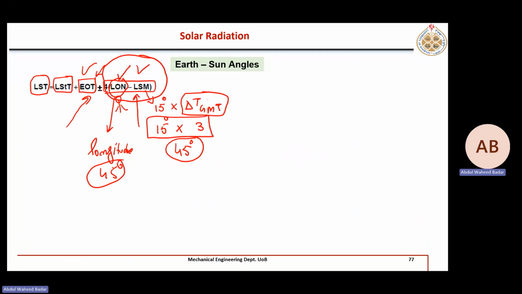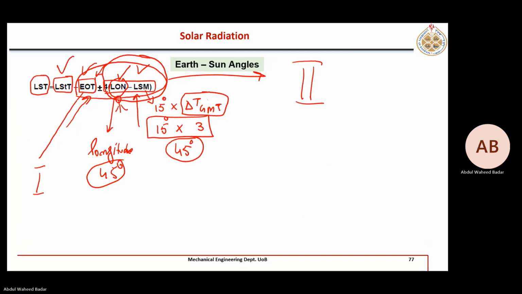So we have to apply these two corrections: the equation of time first, and second the longitude correction. These two will be applied to find the local solar time based on the local standard time, right? We will solve one question, and this will be clear to you.